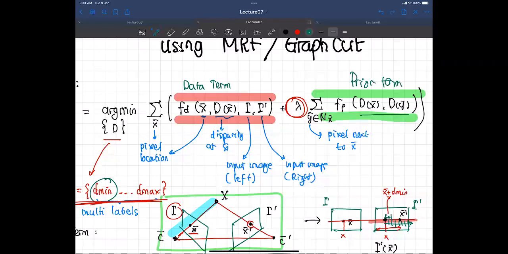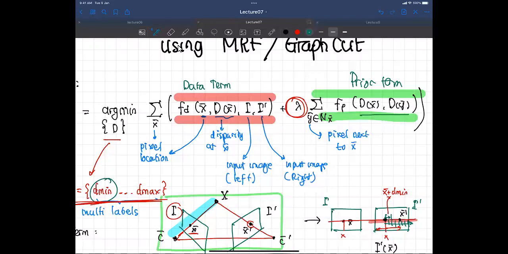So if your lambda is very high, your depth will not be sharp. But if lambda is too low, your output will be noisy. So be careful in setting lambda. Lambda controls the connection between pixels, the smoothness constraint.